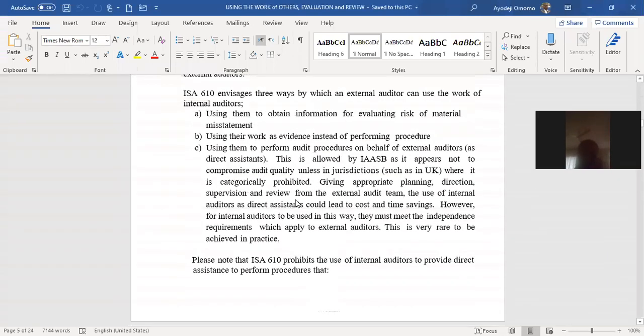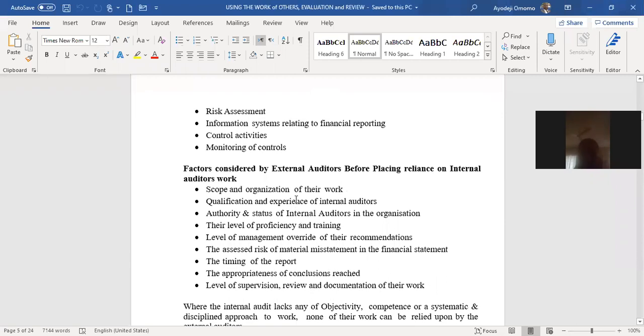A little recap. Last week we mentioned how external auditors can place reliance on the work of the internal auditors, and how they can place reliance on the work of other experts, especially when these experts have specialized skills.